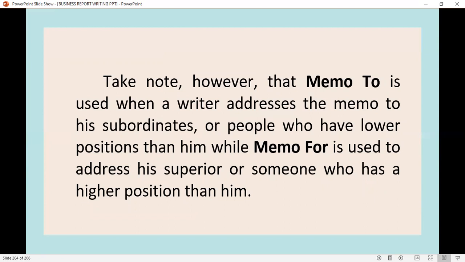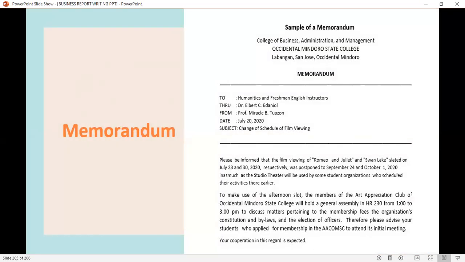Tandaan po ha. So this is an example of a memorandum. Ayan. Memo 2, ibig sabihin, mula sa taas. Humanities and Freshman English Instructors. Through, sino ang channel? Dr. Albert C. Daniel. From, sino nagsulat? Professor Miracle B. Tuason.